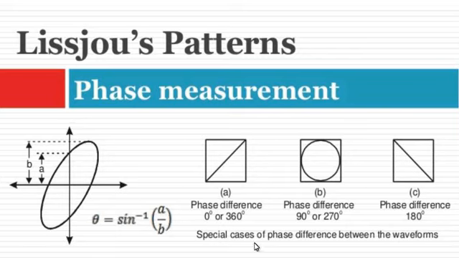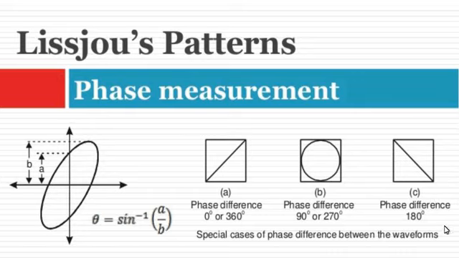As you can see the special cases of phase difference between the waveforms. First one is if phase difference is 0 degree or 360 degree, then you can see the line. If the phase difference is 90 degree or 270 degree, so you can see the circle on the screen. If the phase difference is 180 degree, you can see the line in this fashion.